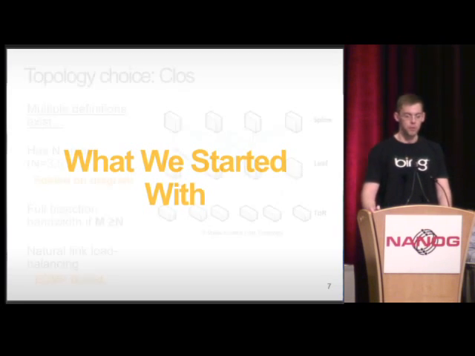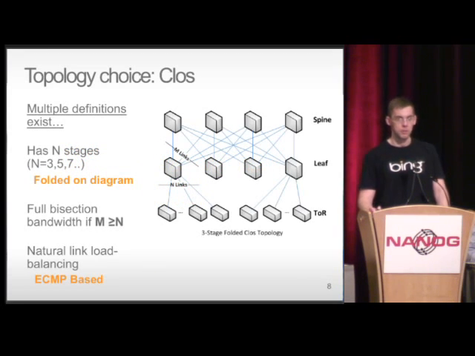So let's look at our first initial solution. The choice of Clos topology, I guess, is now very common in the industry. So Clos, as they call it in the industry, is a network which has 3 stages. The middle stage is often called the spine layer, and the input and output stages are often folded together and called the leaf layer.